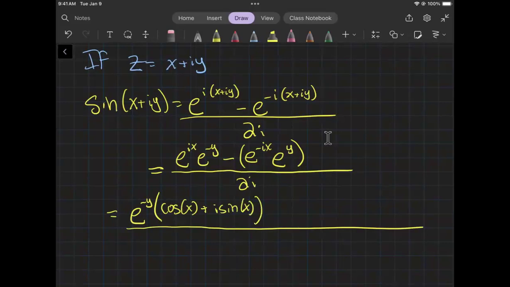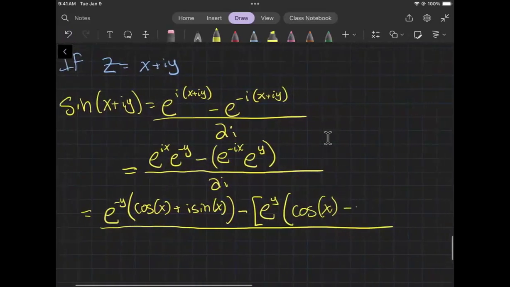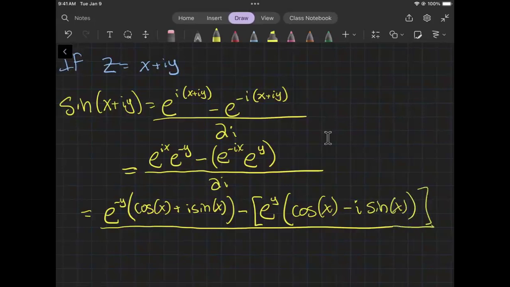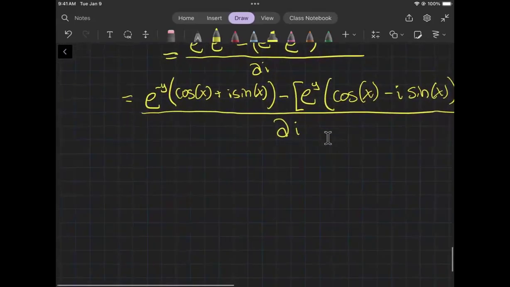Okay, that's quantity number one. Quantity number two would be minus e to the y times cosine of x minus i times sine x, over 2i.